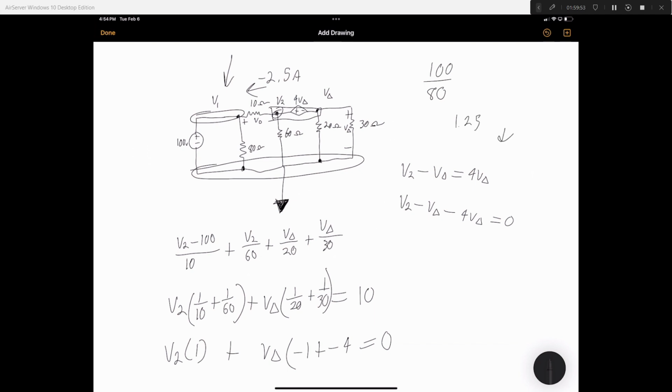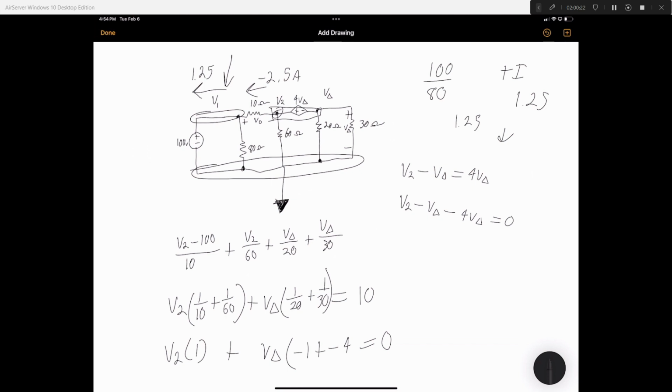So we have negative 2.5 plus 1.25. And if it's positive, the current going this way would be positive I. We would add, it would be 1.25 going that way, to the left.